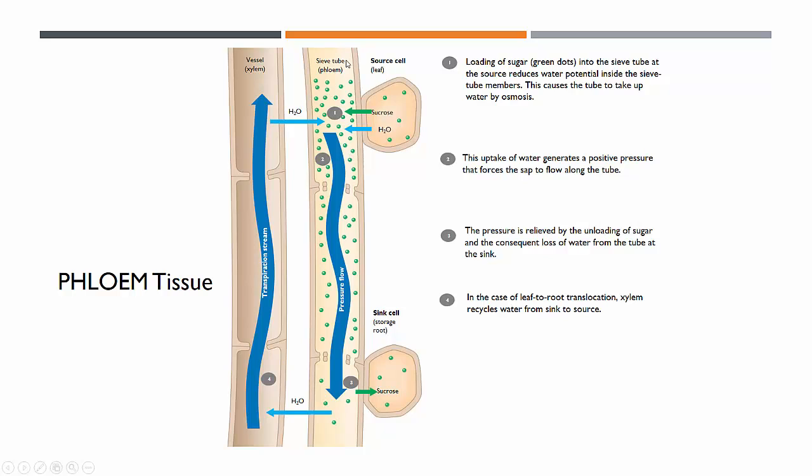What this diagram doesn't really show, and it kind of does, is that these cells here and here are also considered companion cells. So xylem is pretty much standalone, but phloem tissue has the tube itself, but also cells that are attached to each part of the phloem tube that can actively regulate this pressure all over the plant.